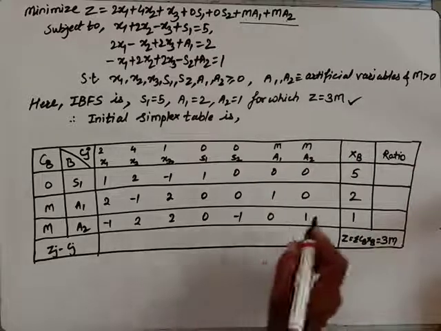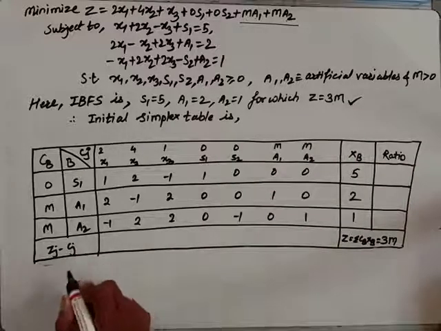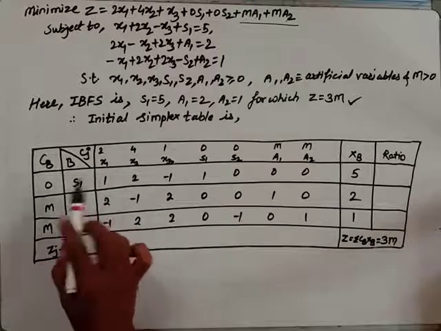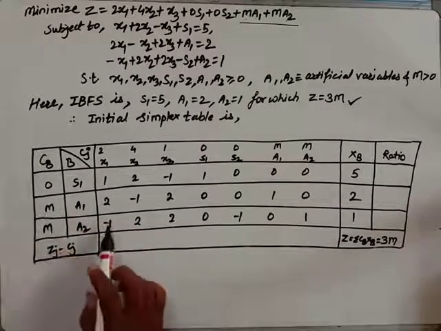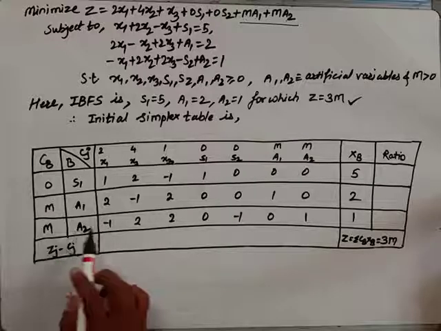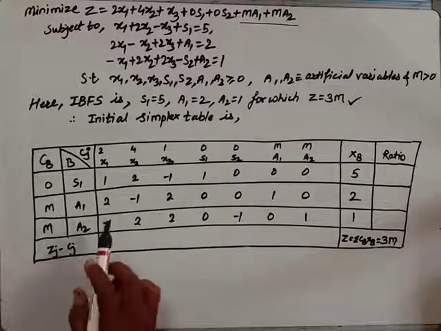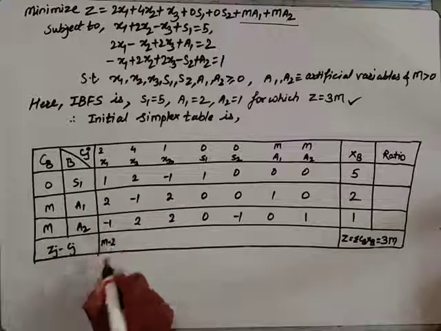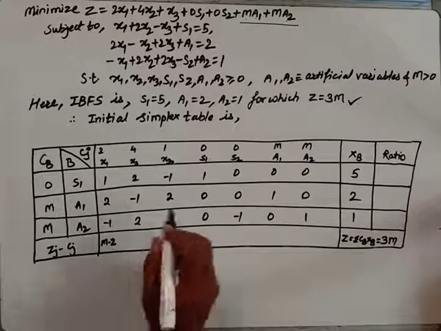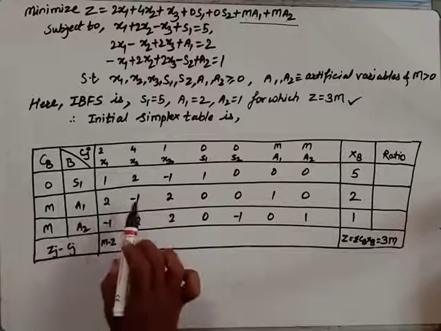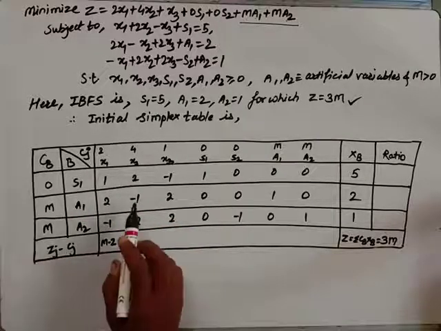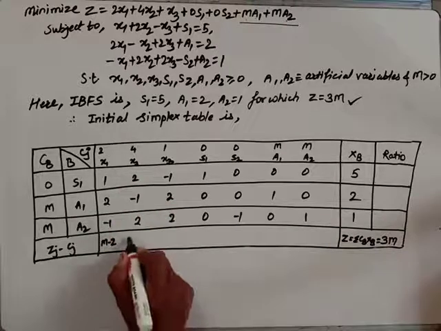Okay. Now let us check what the Zj minus Cj are. So here this is 0. Here 2M plus minus M will become M. M minus this 2, so it will be M minus 2. Now here 0. This is minus M plus 2M, so again M minus 4.